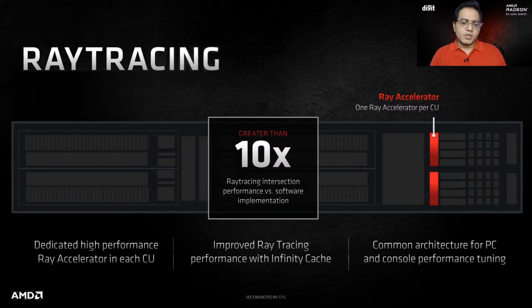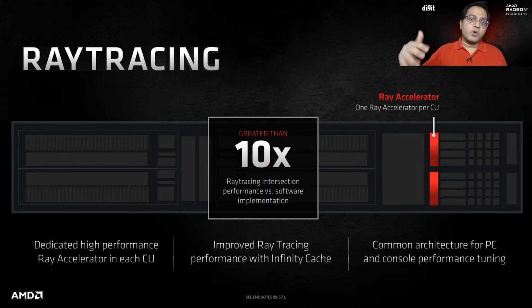Now, we've already touched upon how AMD GPUs are made of several compute units, which are all logical components of the GPU. Now, with RDNA 2 GPUs, each compute unit has something called a ray accelerator. Now, this is a dedicated piece of hardware for accelerating ray tracing within video games and content creation applications. And because the ray accelerator is present in each compute unit, the design becomes scalable.